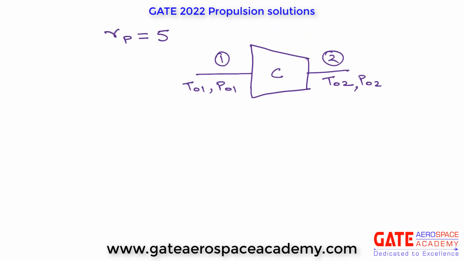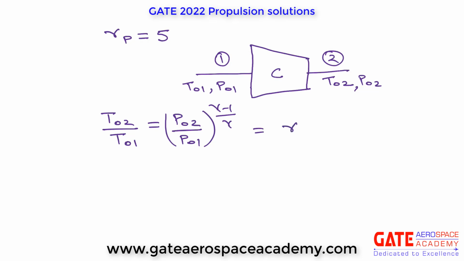Right? Let's apply isentropic relation to find out T02, exit stagnation temperature, because they have mentioned that it is isentropic. So what is isentropic relation? T02 by T01 is equal to P02 by P01 raised to the power gamma minus 1 upon gamma. So that is equal to Rp raised to gamma minus 1 upon gamma.